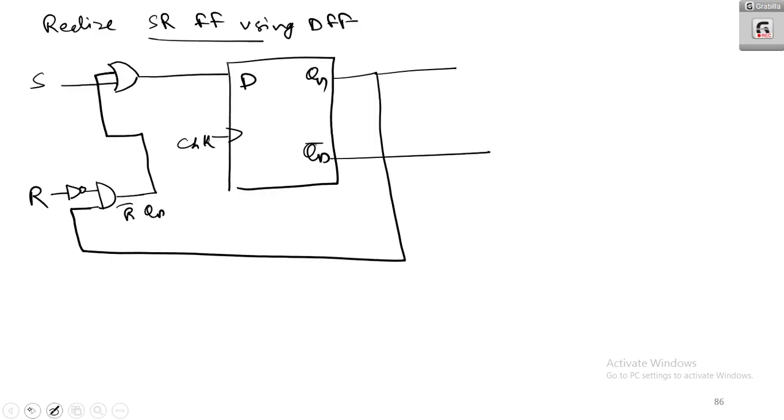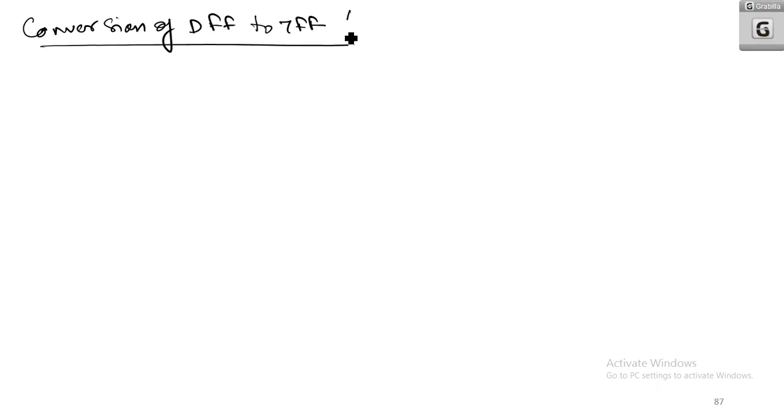Second one, next one is conversion of D flip-flop to T flip-flop. Or what I can write is a realization of T flip-flop using D flip-flop.